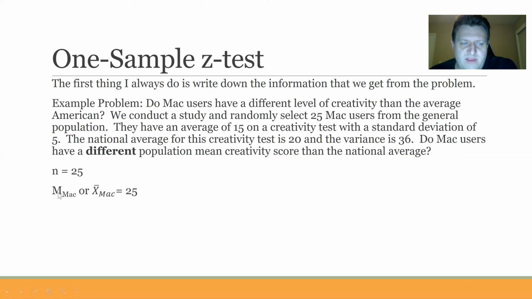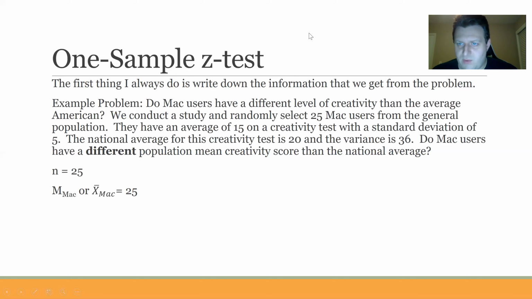So I'm going to write down M Mac or X bar Mac. M or X bar, both of these are ways that we refer to a sample mean. And the Mac here, I have written just to let me know that it's the sample mean of the Mac users, all right? Is equal to, not 25.